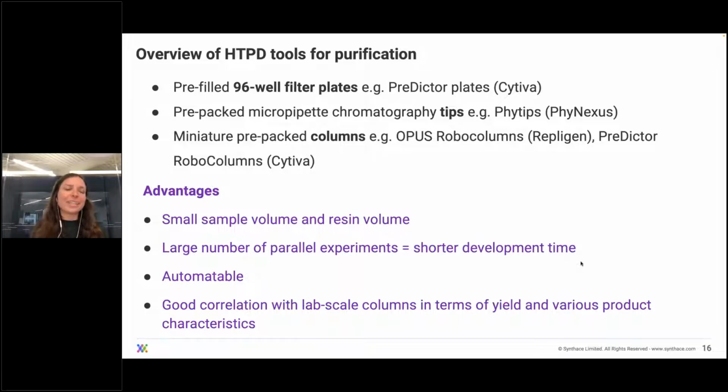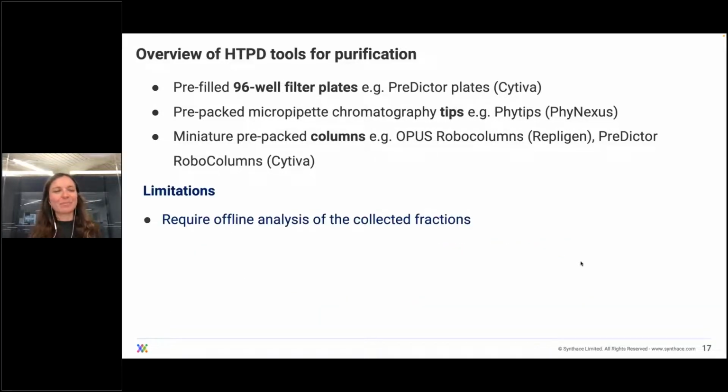However, it's not all fine and dandy. There's, of course, some limitations to this, and that is mainly that you need to run your entire purification process before you actually get any data out of it. So you collect your fractions and then perform offline analysis of these, for example, absorbance at 280, to actually get any data. And unfortunately, because they're using automation, you might require significant automation expertise to actually program the methods needed to run them.